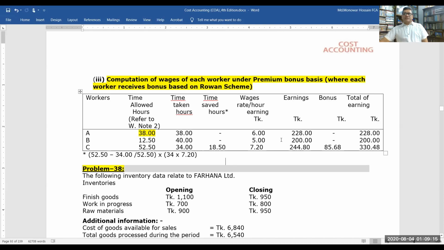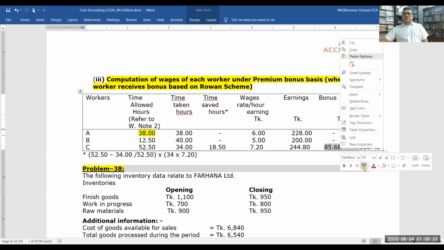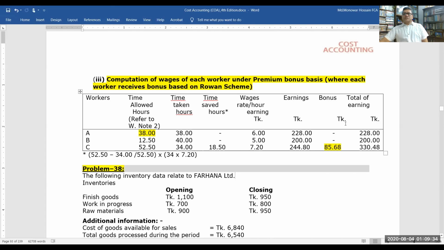So earnings, we multiply this and get this figure. That's the earnings. And bonus only for C because we saved 18.50 hours. So adding his bonus, the total earnings for A is 228, for B 200, for C 330.48.